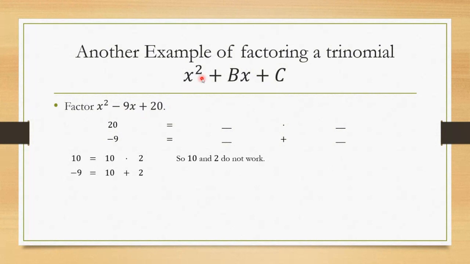And we have c, degree 2, leading coefficient 1, so we can use the method that we just used. So we want two numbers whose product is 20 and whose sum is negative 9.